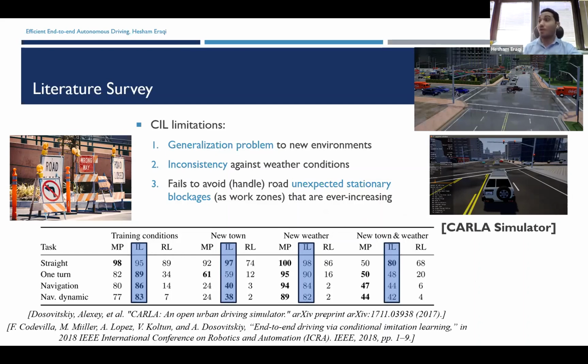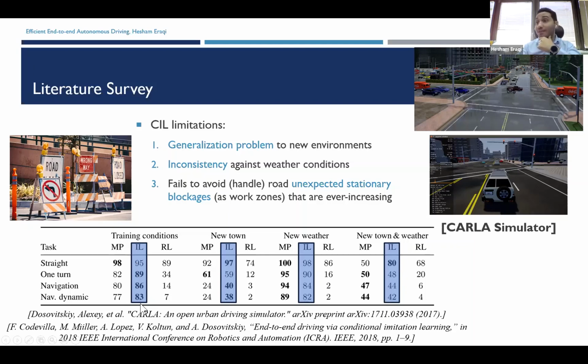It's very promising compared to other approaches, but if you look closely at these numbers that were reported in 2018, you will find that we have a generalization problem to new environments, because here performance is very good. This is the success rate on the Carla autonomous driving benchmark.